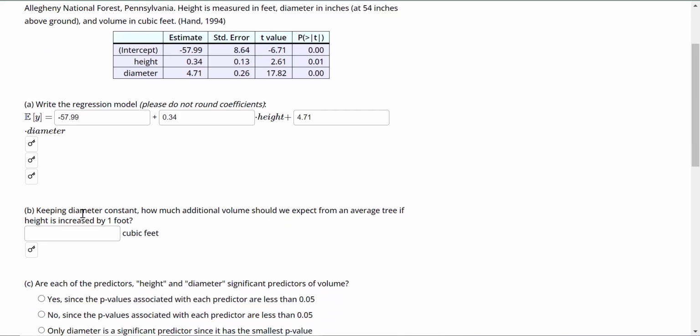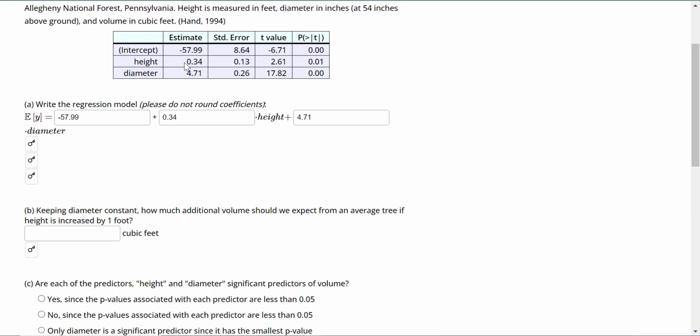Now it says if we keep this diameter constant, so the diameter is constant, this is not going to change, how much additional volume should we expect from an average tree if the height is increased by 1? So this is the definition of the slope for height. In simple linear regression, we said the slope is the amount of increase when the predictor is increased by 1.